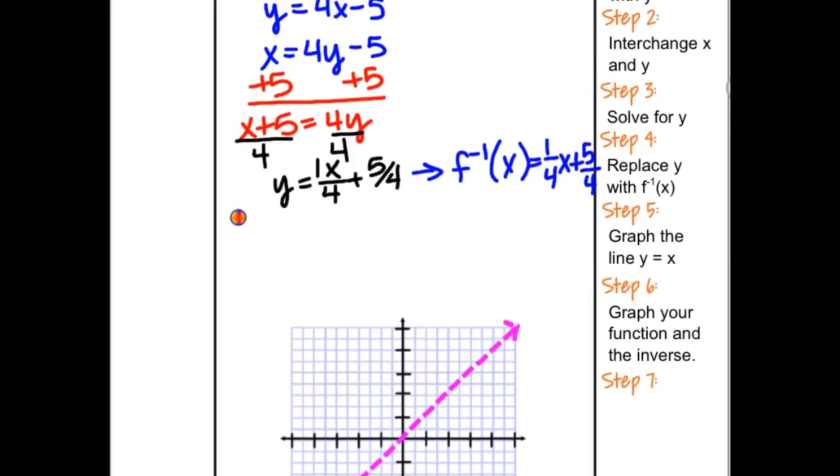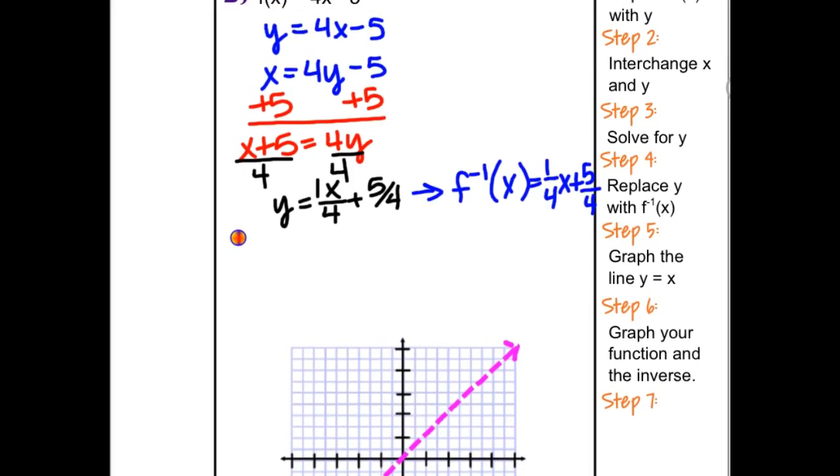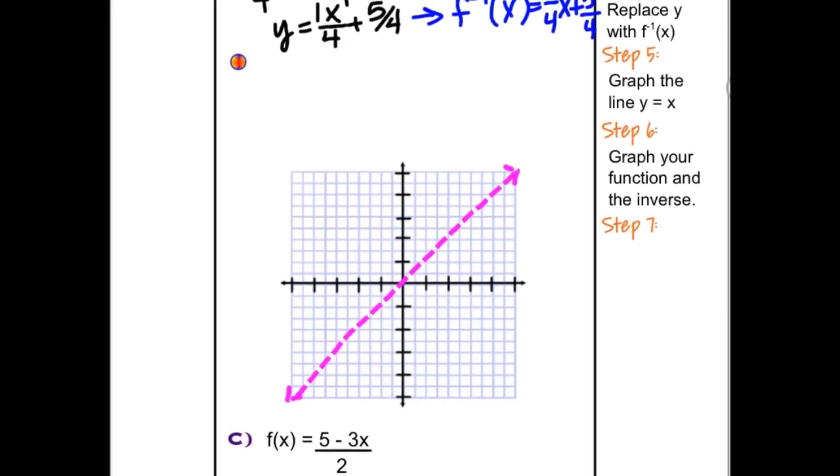I'm going to start with the function, y equals 4x minus 5. I'm going to graph that in blue. So 4x minus 5, we go down 5. We go up 4 over 1, up 4 over 1, up 4 over 1, and we connect our dots.